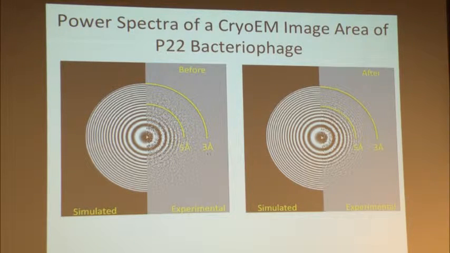On the left half, these are experimental data, these are simulated data, and you can see that before any motion correction, the data barely reach 5 angstrom. But after the motion correction, in the panel on the right, you can see the data go all the way to 3 angstrom resolution. I think that means our data are good, it's always there.